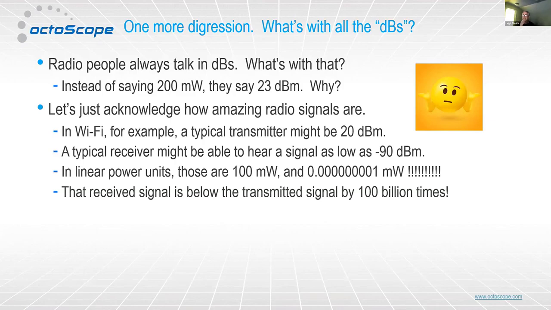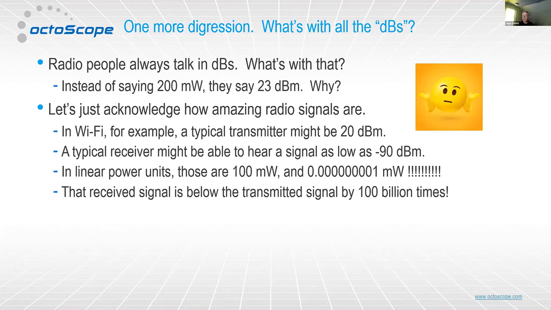Part of the reason I want to do this too is because I always like to acknowledge this first point, especially for people who aren't that familiar with radio. Radio is just amazing when you think about it. If you, again, speaking in dB here, just for a second, if you look at a typical, let's say, Wi-Fi access point, you might be talking usually about a transmitter that can transmit at something like 20 dBm.